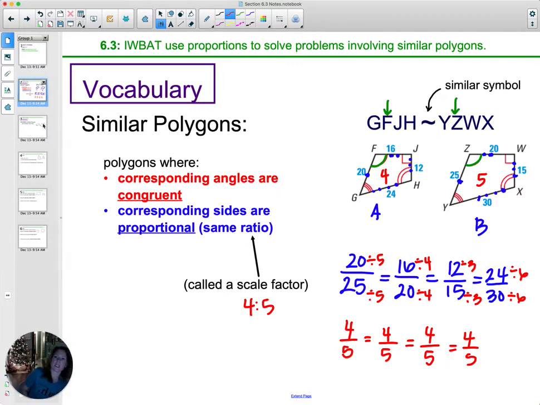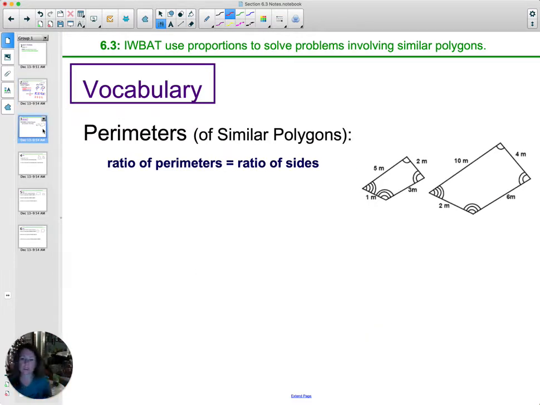So let's take a look at perimeters. If the polygons are similar, then the ratio of their perimeters is also going to be equal to the ratio of sides, otherwise known as the scale factor. So we don't actually have to add them all up to figure out the ratio of the perimeters. These two figures are similar, so let's just find any two corresponding sides.